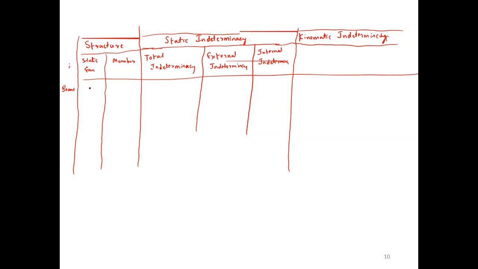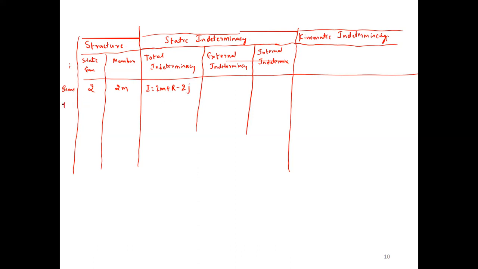In beams, what are the static equations? 2. How many members? 2m. So what is total indeterminacy? I equals 2m plus r minus 2j.